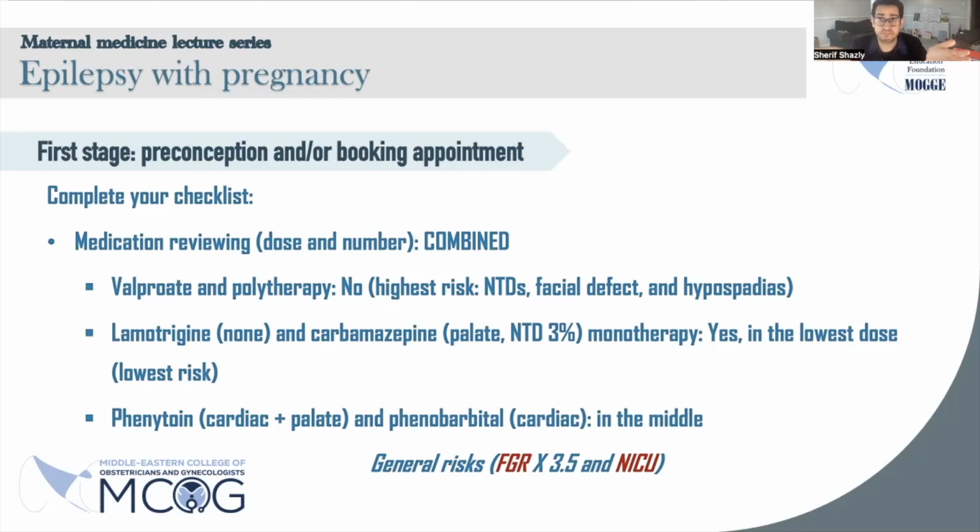And for neonatal admission or need for ICU admission, it's basically that you always need to deliver in hospital, and the pediatric team should be aware of this patient and should be available if needed to assess this baby. So that's 2 things that you make out of this information.